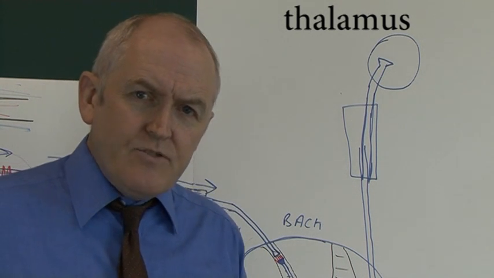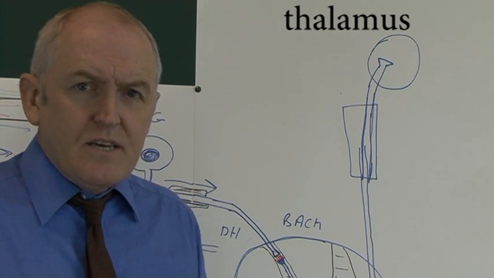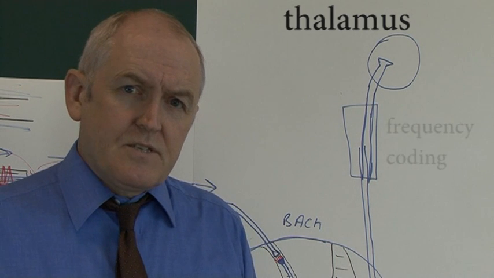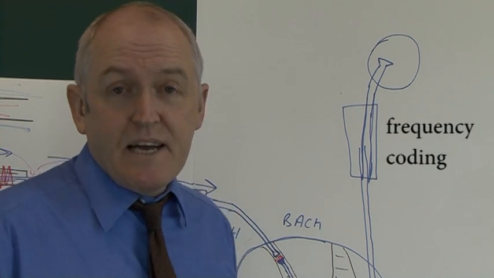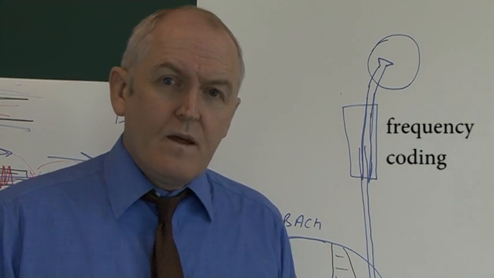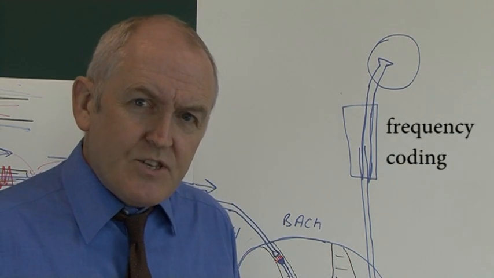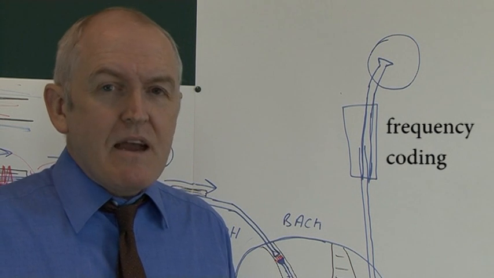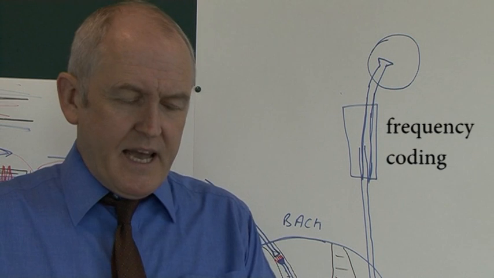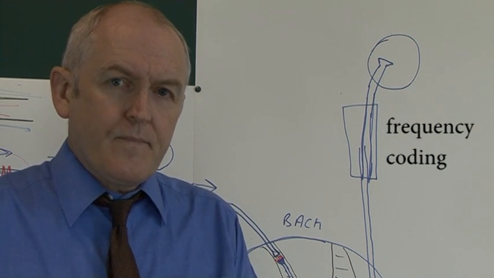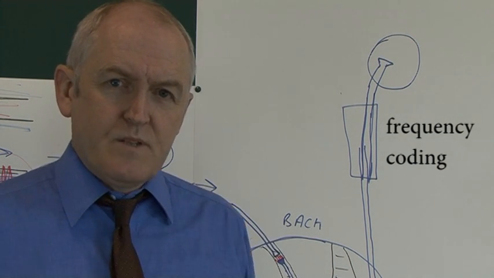Well, the answer is the nociceptors, if it's a bad pain, generate a lot of nerve impulses. The impulses are all the same strength, but it generates more of them. Whereas if a pain is not so bad, it will generate fewer nerve impulses. So a bad pain, you're going to get a lot of nerve impulses going up to the brain.